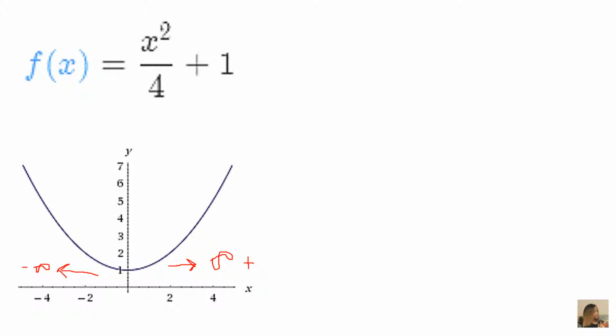We want to know what the ends of the graph will look like as the graph travels towards negative infinity and positive infinity along the x-axis.